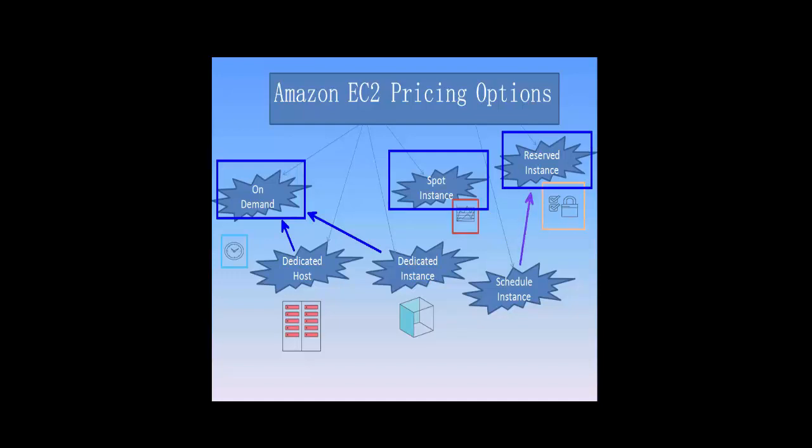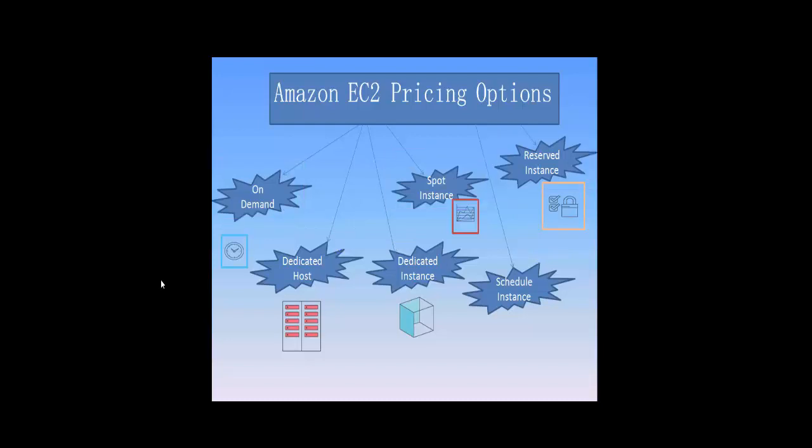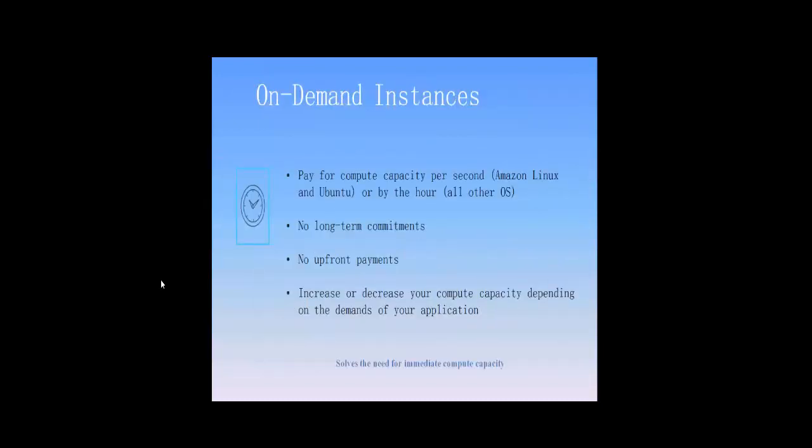For scheduled instance, the payment option will be according to the reserved payment method, according to how long you are using it. Dedicated host and dedicated instance, payment option will be on-demand basis. Keep it in mind, please note it down, very important point.